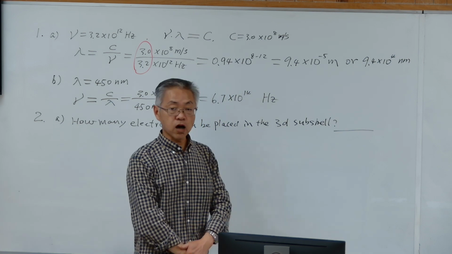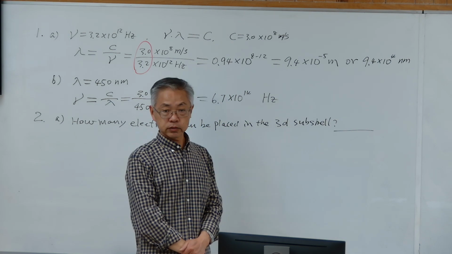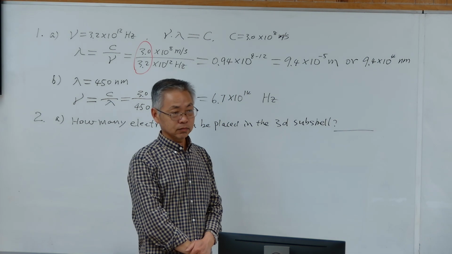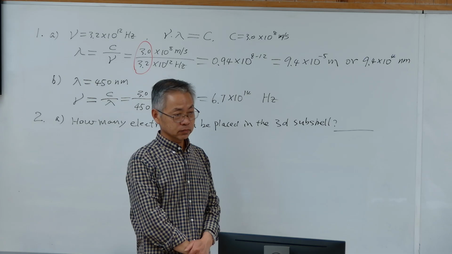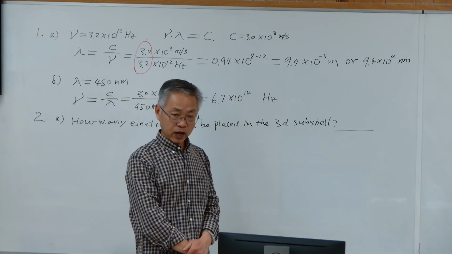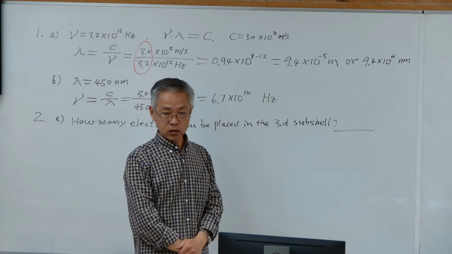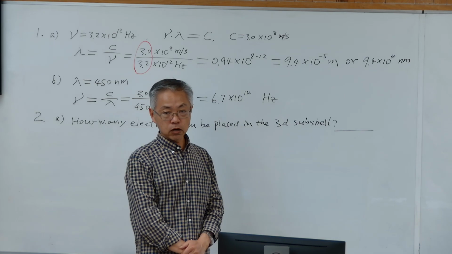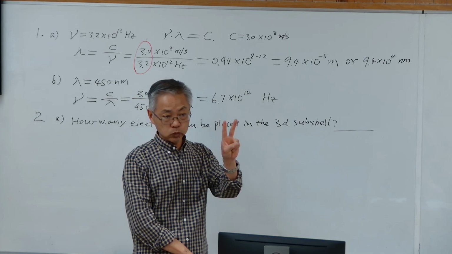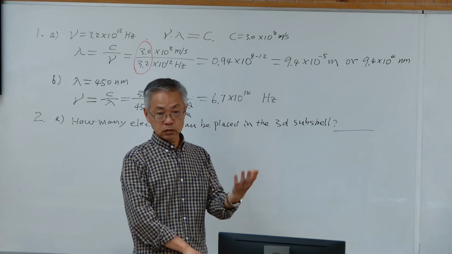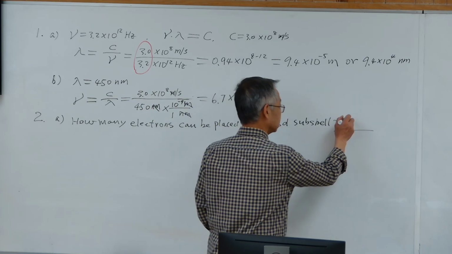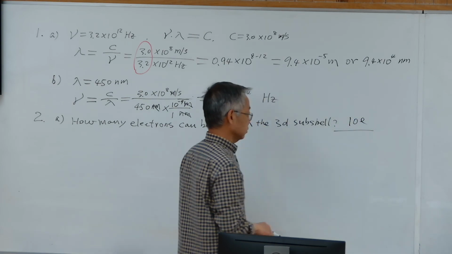For a 3D subshell, how many orbitals? D always has 5 orbitals: 3D, 4D, 5D, 6D, always 5 orbitals. Each orbital can hold a maximum of 2 electrons, so total 10 electrons. This is very clear. So 10 electrons.